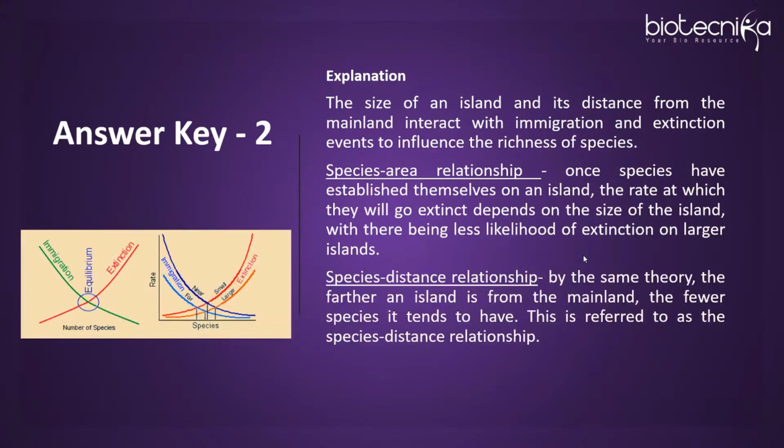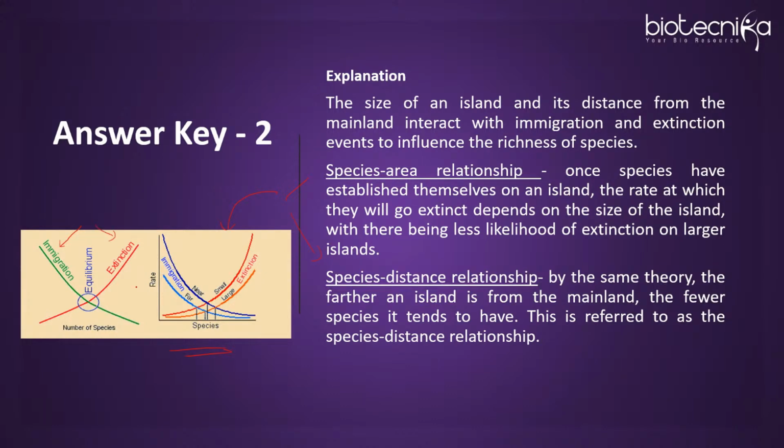So this question is based on the MacArthur and Wilson equilibrium model. Here we need to know about two important relationships: species-area and species-distance relationship. Now, what are these relationships and how can they be understood through this graph? This is about species richness. There are two parameters: immigration, that means colonization, and extinction.